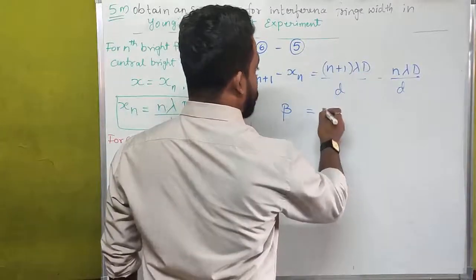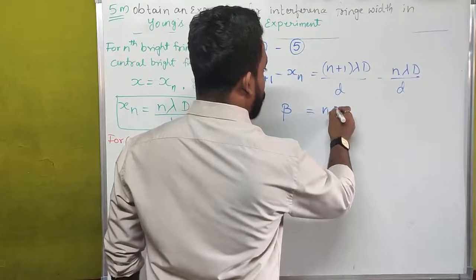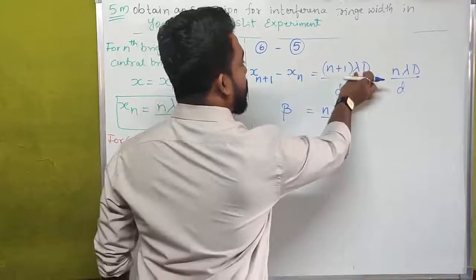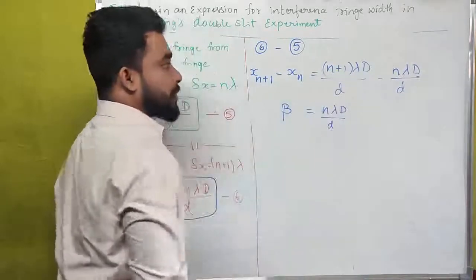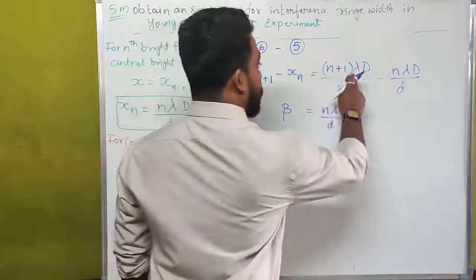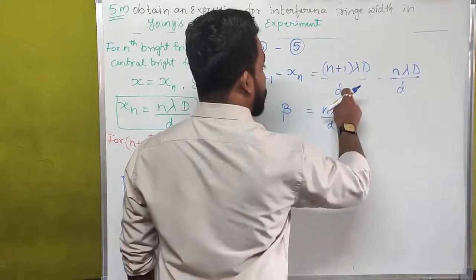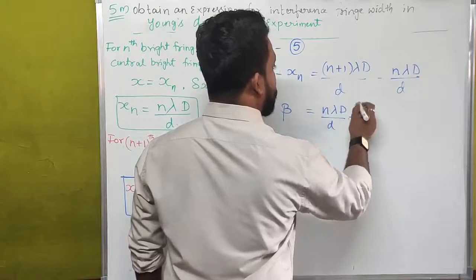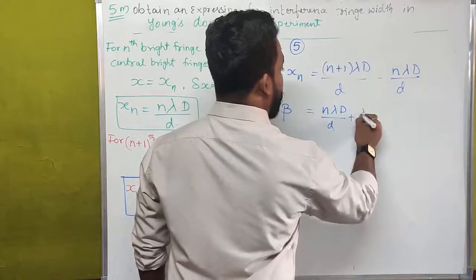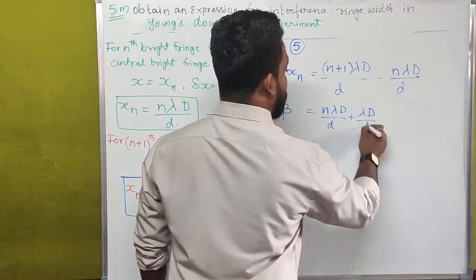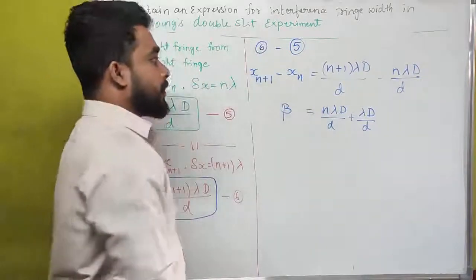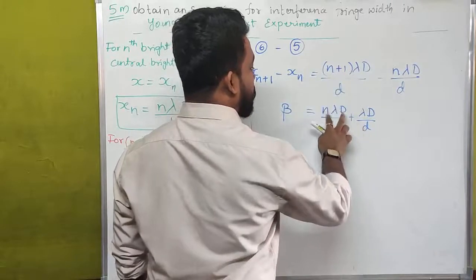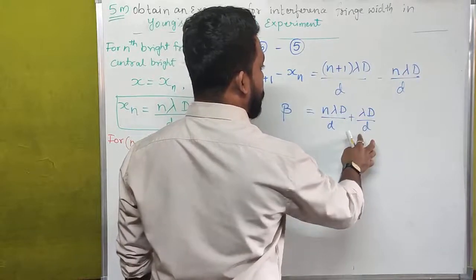Here first we consider n into lambda D divided by d, and 1 into lambda D divided by d. Here we have a plus sign. Because we have n and plus 1, that is why we have two terms, n lambda D divided by d and lambda D divided by d.